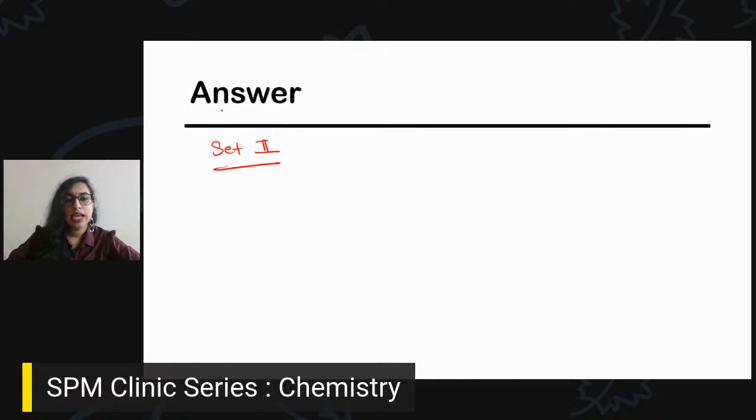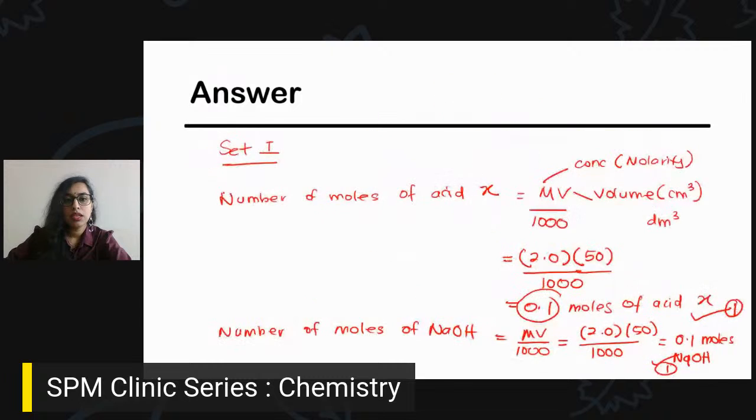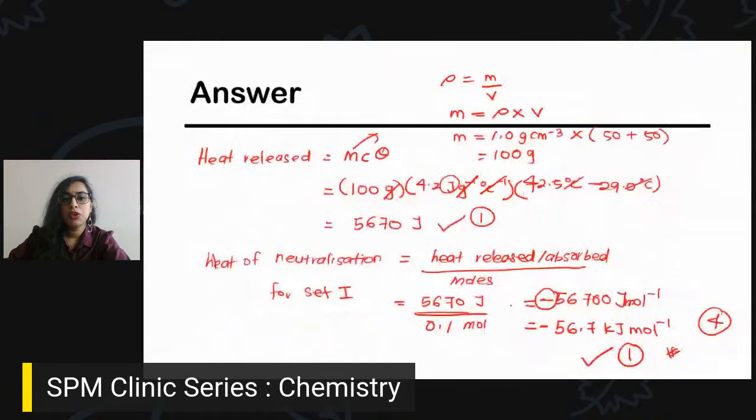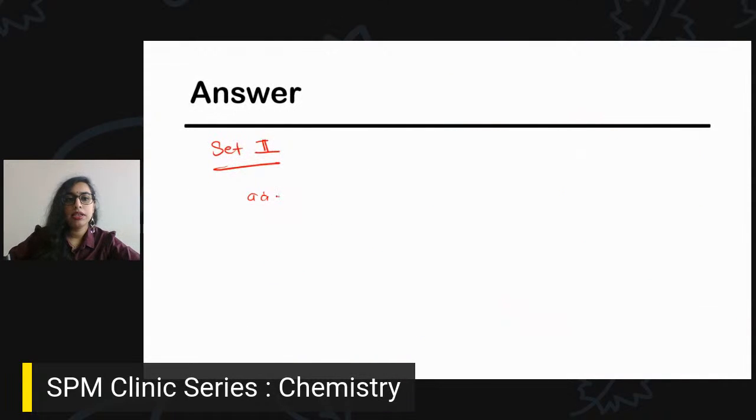All right, so set 2 is the same, but now we don't have to calculate the number of moles. We are going to calculate the number of moles straight away for acid Y, and sodium hydroxide is more or less going to be the same because the volume and concentration are the same. So for acid Y it is 0.1 moles.